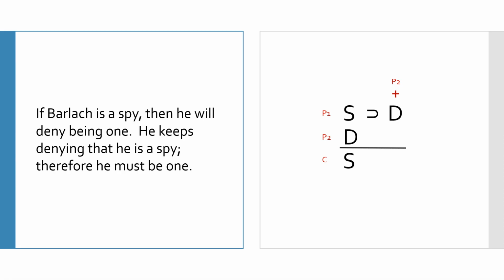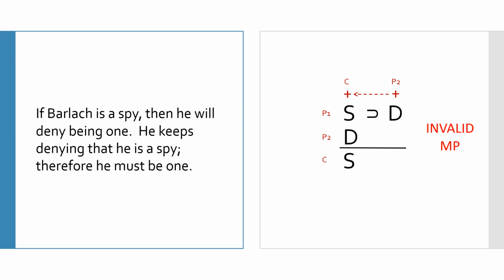So when we have an invalid form of a modus ponens, notice what we're going to do is that the second premise is going to begin by affirming the larger category or the consequent. So we start there with saying D in this case is true, and then the argument moves to the conclusion backwards essentially by asserting that the smaller category of the antecedent is somehow rendered true by this.